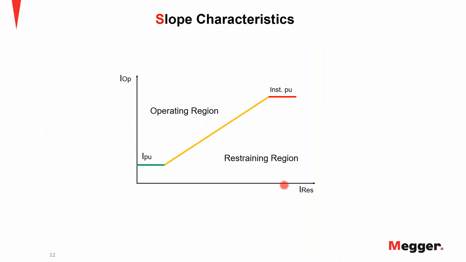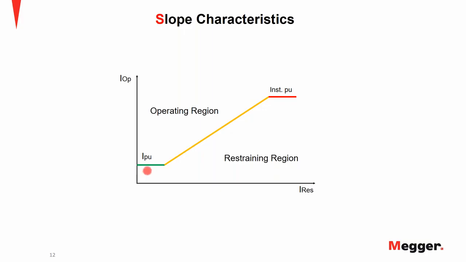In the slope characteristic, defined by the calculations of the operate and restraint current, we're based on analog current signals, right? We're going to read the relay from both windings of the transformer, and then we're going to have a minimum pickup point for the operate current setting.